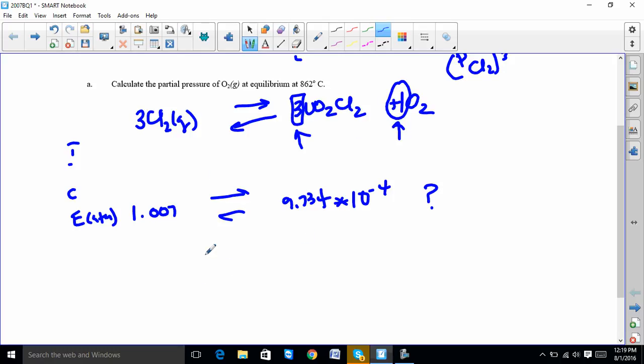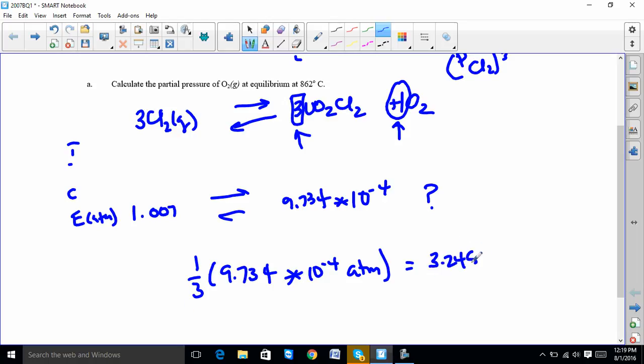So the first one's actually pretty easy. What's the partial pressure of the oxygen? Well, it is going to be 1/3, because of the mole ratio, of the pressure of the UO2Cl2. And so if you do that on your calculator, just take that and multiply by a third or divide by 3, however you want to get it. And this has 4 sig figs. I got 3.245 times 10 to the negative fourth atmospheres.